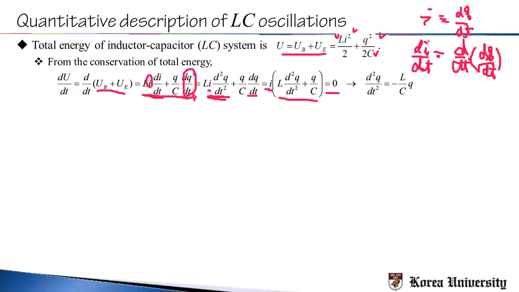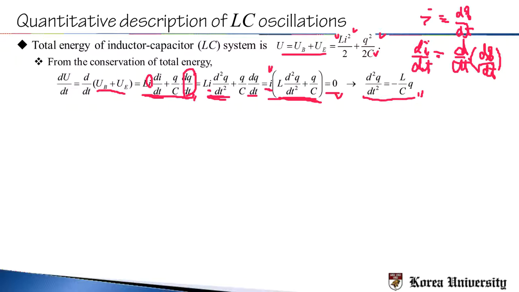Since you have two terms multiplied and you get 0, either of the two must be 0. In this case you do not want the current to be 0, because if the current is 0, it means nothing is going on. So the term inside the bracket must be 0. Then you can rewrite it this way.